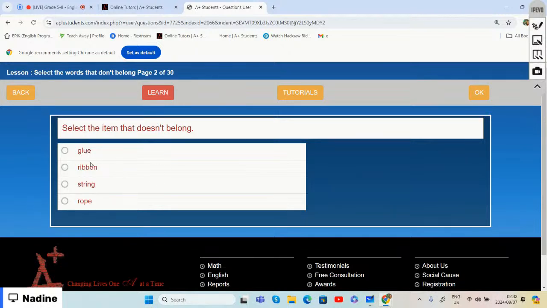We need to select the item that doesn't belong. We have glue, ribbon, string, and rope. Which one doesn't belong?